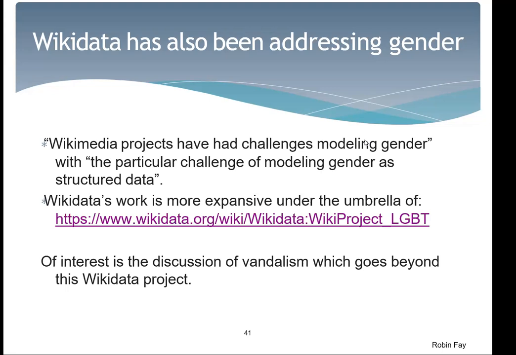That discussion of vandalism linked there is really interesting because it gets to, one, the challenges of having an open data project, and two, the amount of work it takes to maintain a project like this. So I'm actually thinking, I should get involved in that project and help.